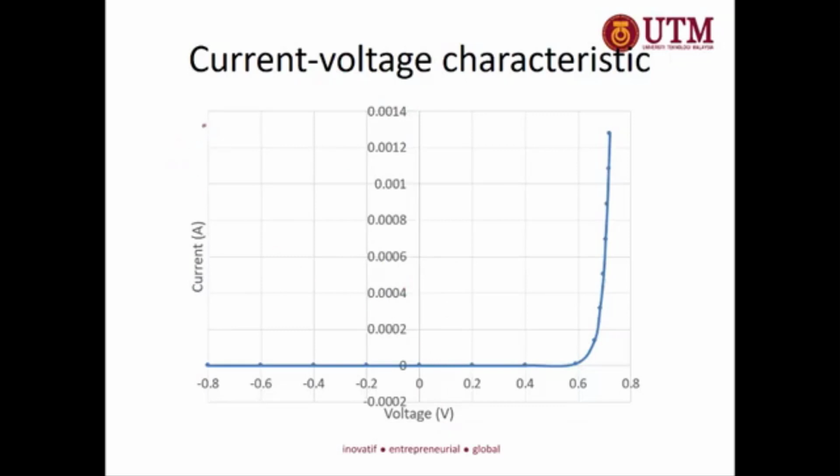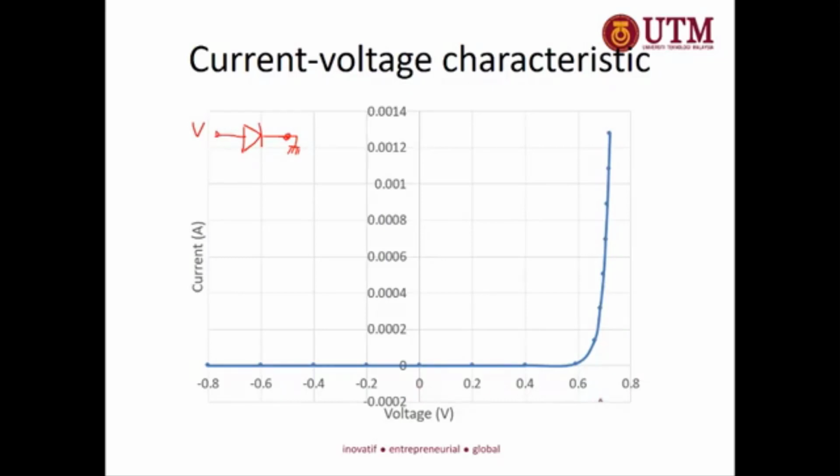Since the PN junction is a diode, we assume this is the symbol of the diode. This is the cathode. In this case, we ground the cathode and apply a voltage at the anode of the diode.